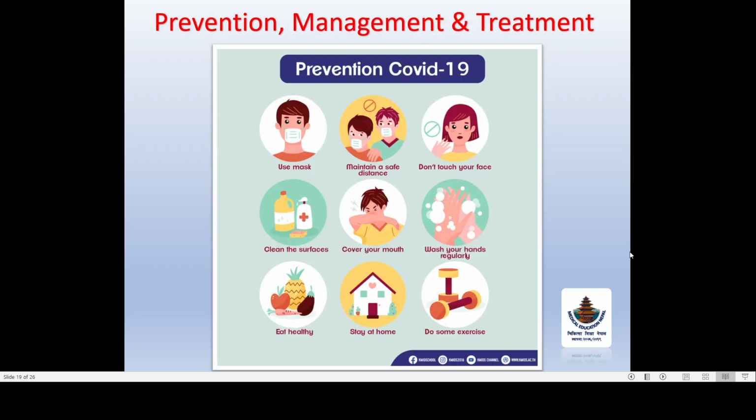Now, the prevention, management, and treatment. How can you prevent COVID-19? First of all, you must use a mask. Lots of people say that masks are not effective, but I personally believe that a mask is really necessary and very effective to prevent COVID-19.